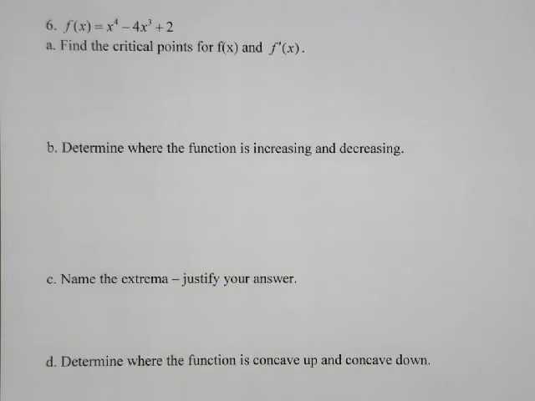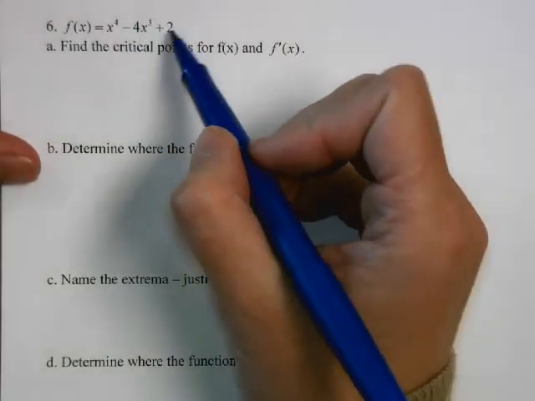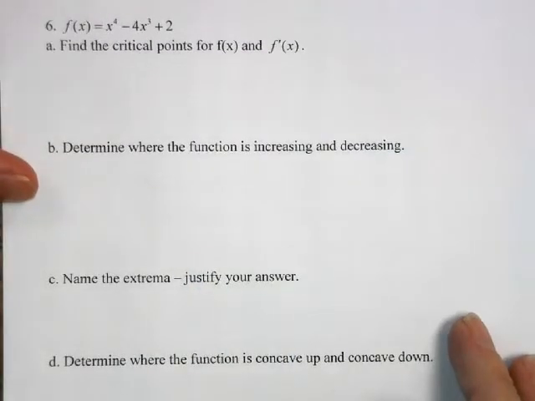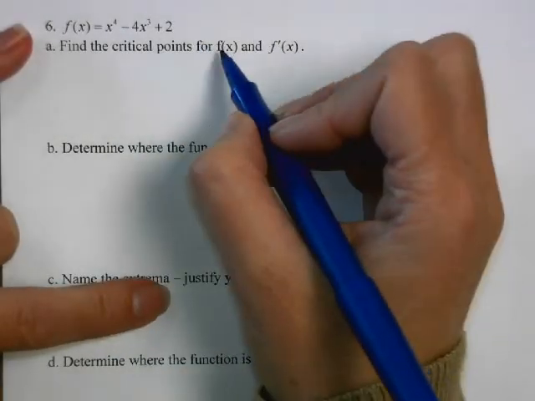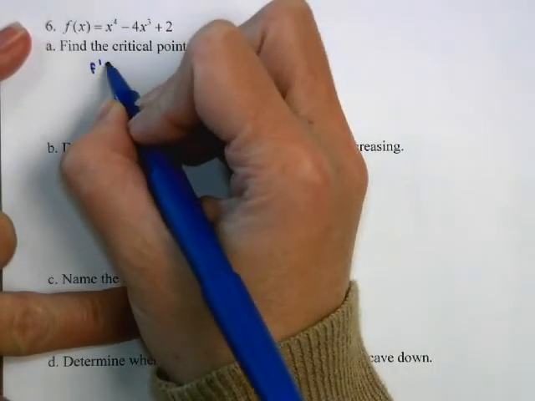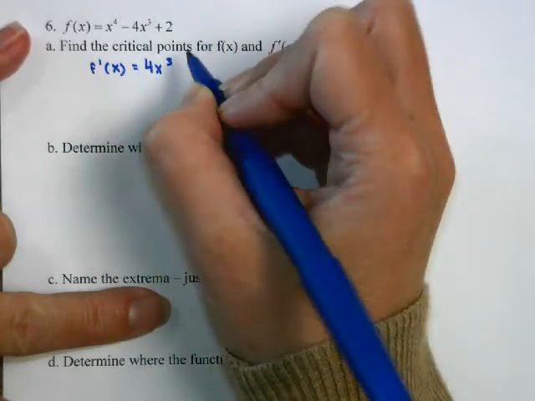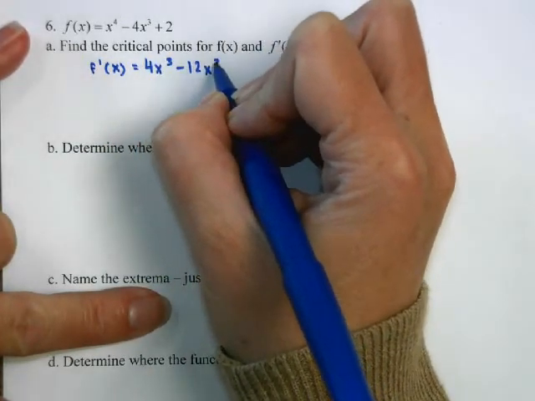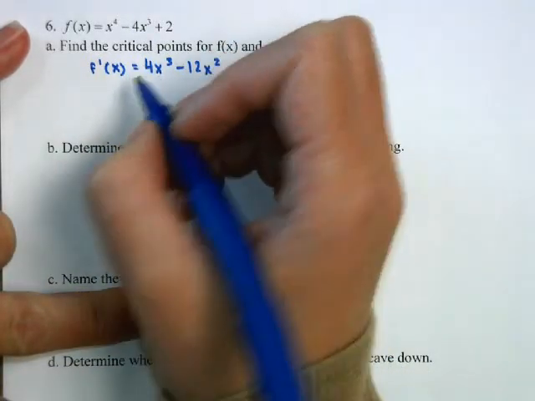Okay, for this example, we're going to do a full number line analysis of x to the fourth minus 4x cubed plus 2 in order to graph it. So we're going to find the critical points for f of x and the critical points for f prime. So we'll take the first derivative and figure out where it equals 0.